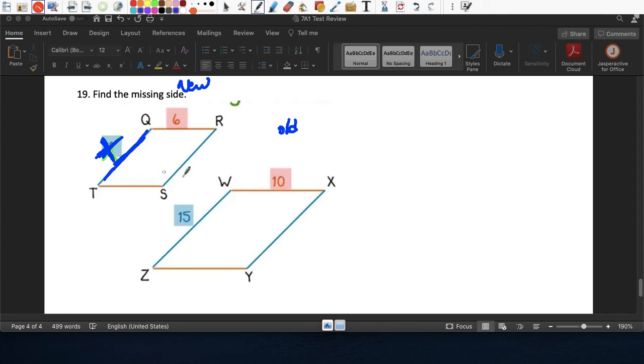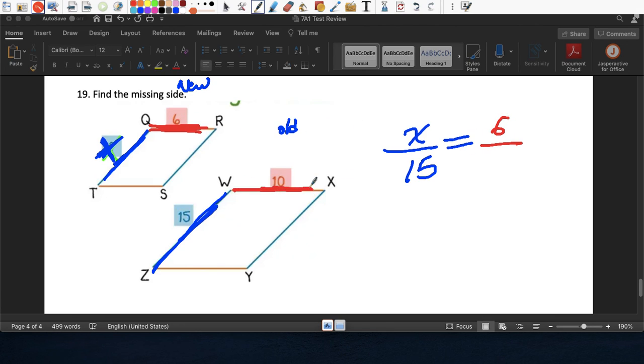This side over here matches with this side, right? So I'm going to write x corresponds with 15. And on the other side, this 6 over here corresponds with 10.